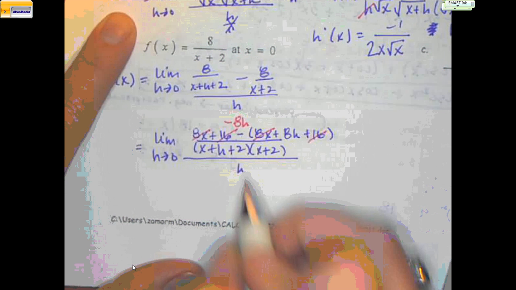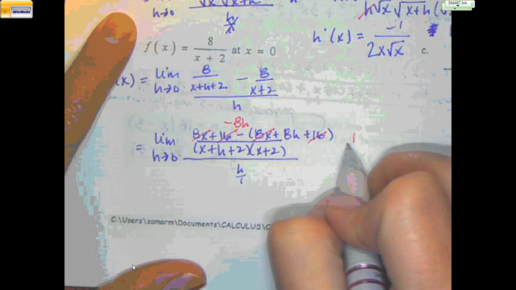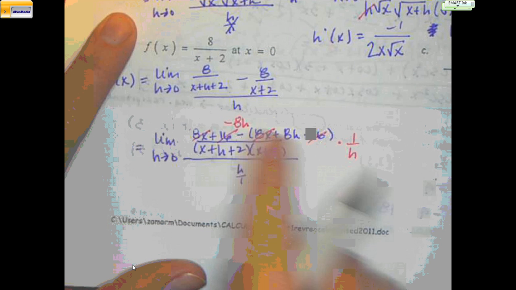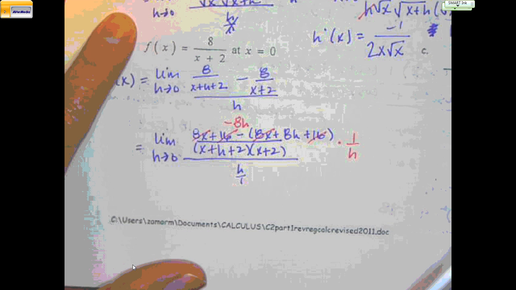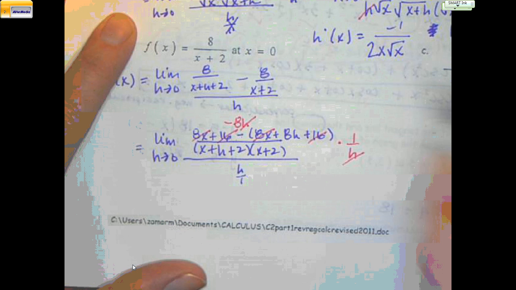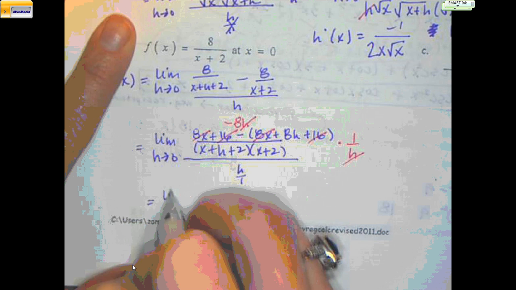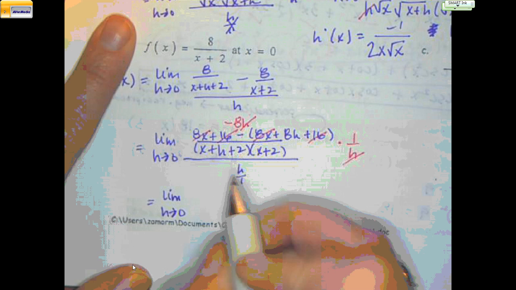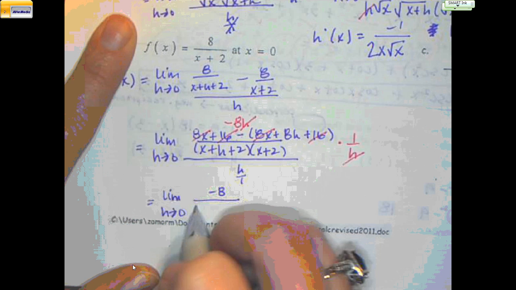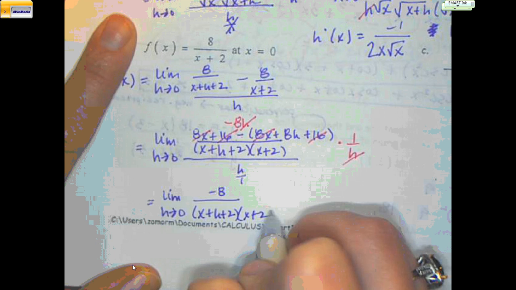And I'm dividing that fraction by h over 1. When dividing fractions, don't ask why, flip the second one over and multiply. So now when I look diagonally, I can cancel out an h. So I divide by h, divide by h. I now have the limit as h approaches 0 for negative 8 over x plus h plus 2 times x plus 2.